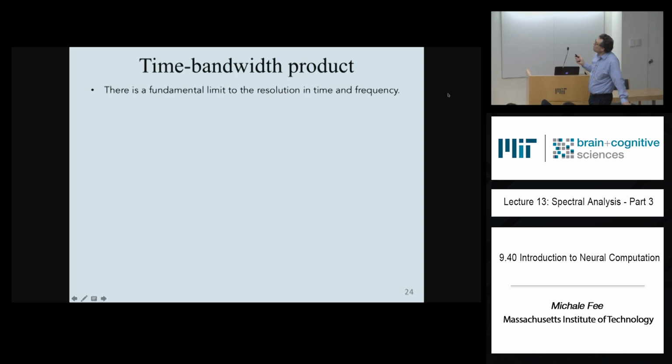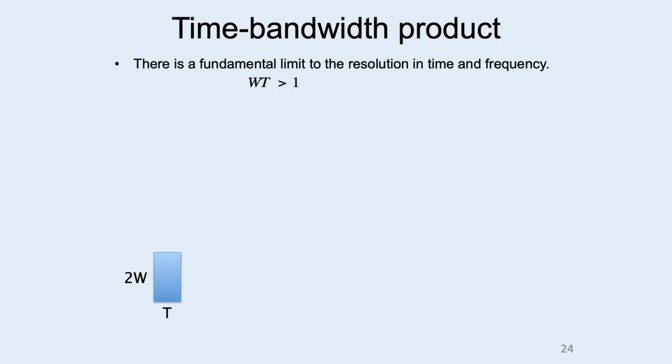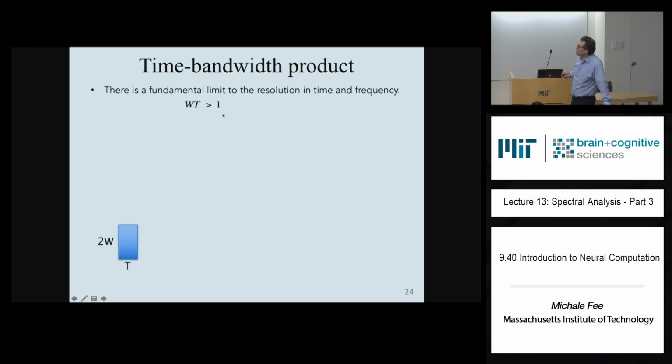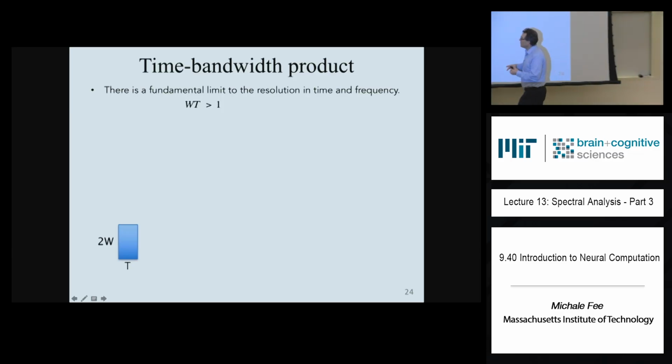Okay. All right, so I just want to say one more word about this time bandwidth product. The time bandwidth product of any function is greater than 1, okay? So you can make time shorter, but bandwidth is worse. The way that you can think about this is that you're looking at your data through a window in time and frequency.